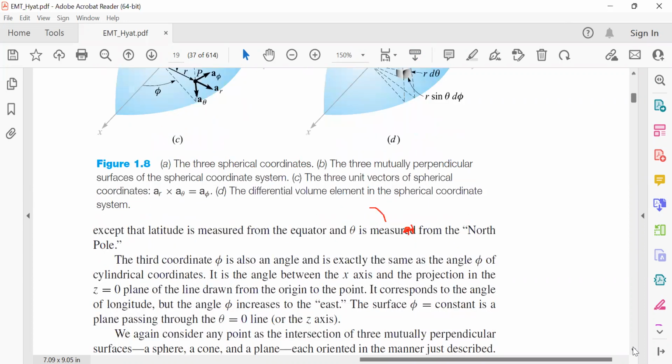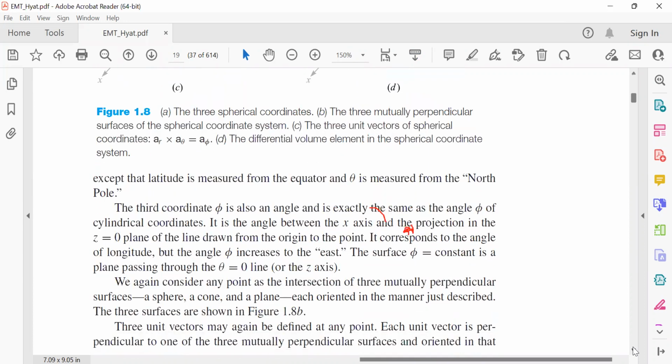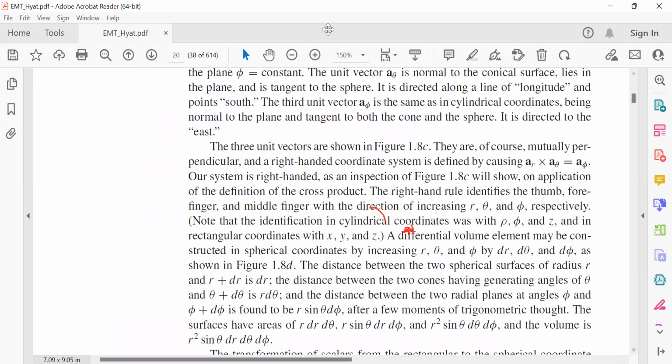And then I want you to again draw this table by yourself. Let me show you. Everybody will try this and make this table by yourself.